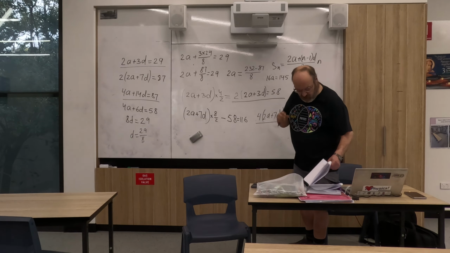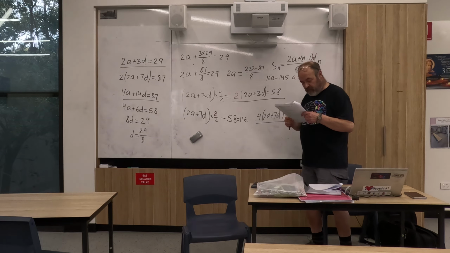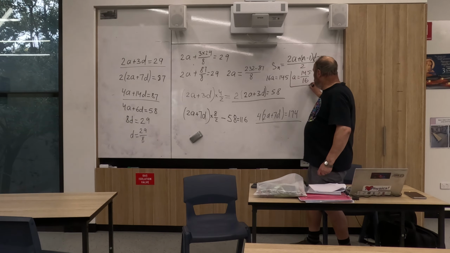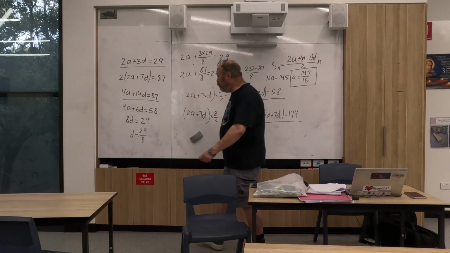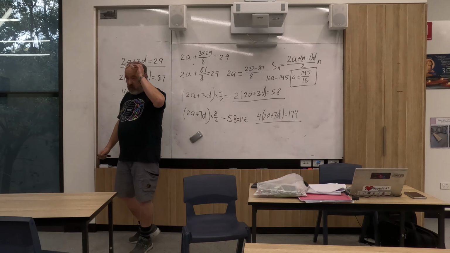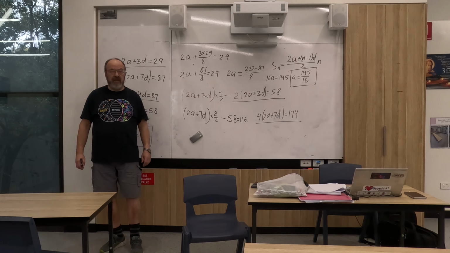Double checking that I have not made a mistake, yes, it's correct. So we found the first term and the common difference. That's how we deal with the arithmetic series. Make sense what we did?